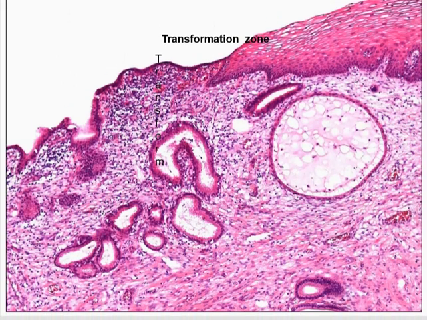The picture shows you the transformation zone, the squamocolumnar junction of the cervix. This is the endocervical mucosa with columnar cells, glandular cells, and this is the squamous ectocervical part of the portio.